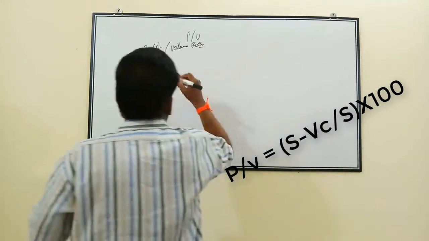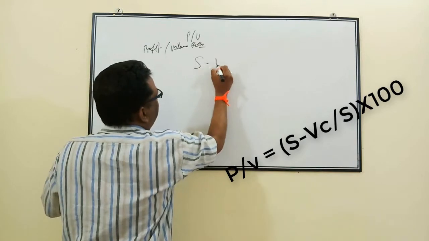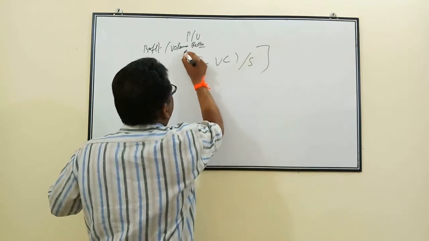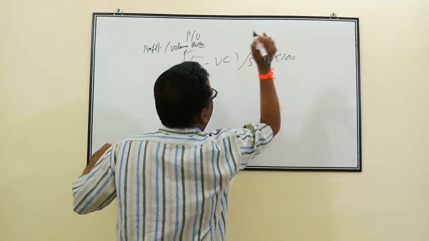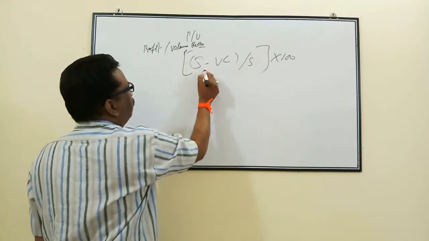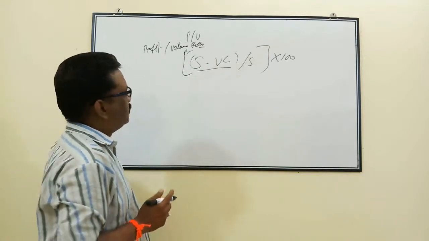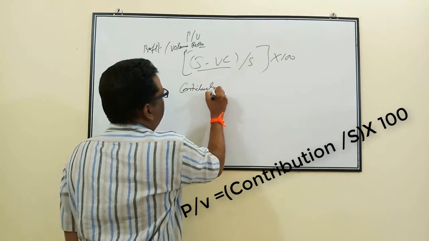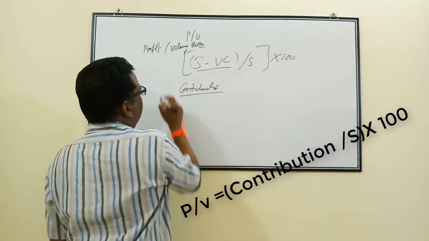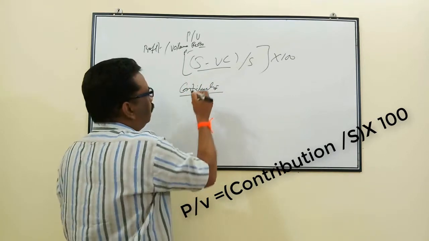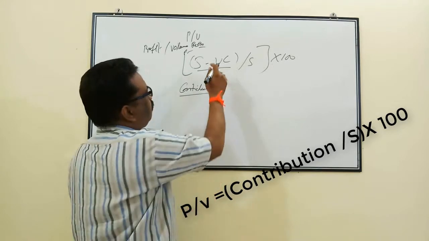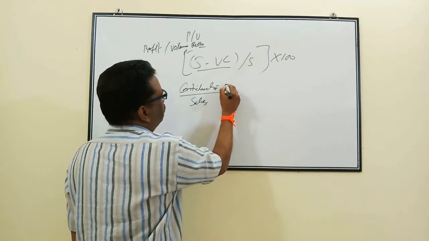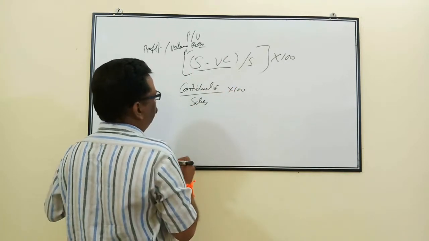The PV ratio equation is normally sales minus variable cost as a proportion to sales into 100. Since the difference between sales and variable cost under marginal costing is denoted as contribution, the PV ratio equation consists of contribution to sales into 100 as the numerator.